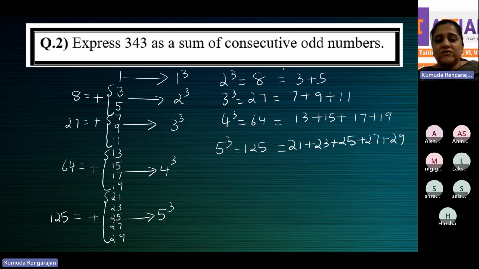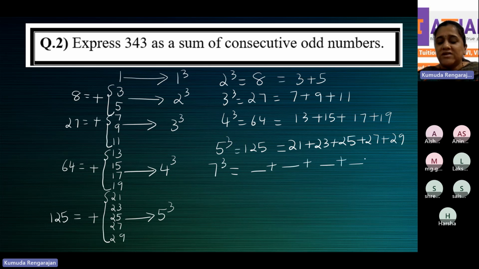So what we understand is if it is 2 cubed, it's a sum of 2 consecutive odd numbers. 3 cubed is a sum of 3 consecutive odd numbers. 4 cubed is a sum of 4 consecutive odd numbers. 5 cubed is a sum of 5 consecutive odd numbers. 343 is 7 cubed, so we know it is the sum of 7 consecutive odd numbers.